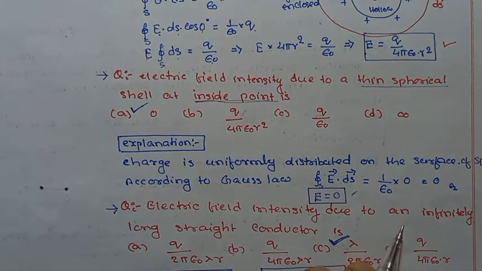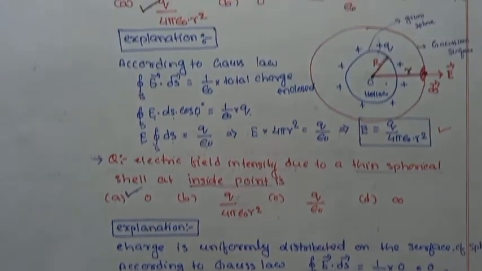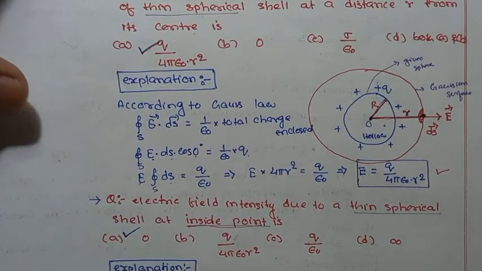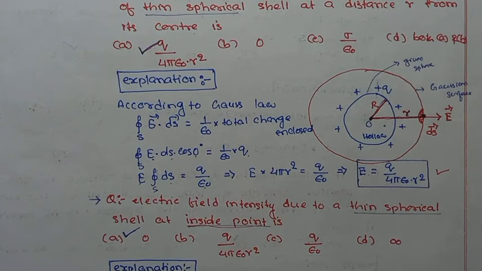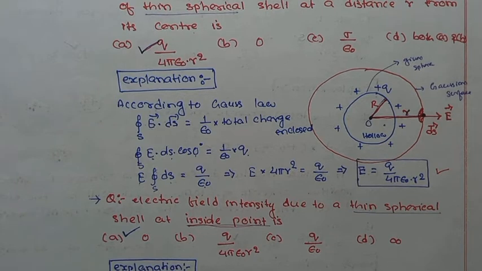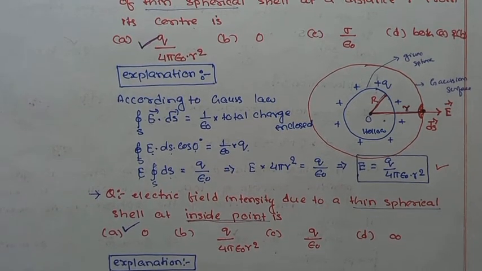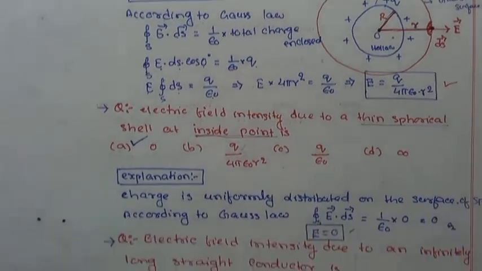Here the Gaussian surface is drawn inside the sphere and this sphere is not enclosing any charge. Therefore total charge enclosed is 0. So electric field is equal to 0 inside the thin spherical shell. ठीक है. अभी नेक्स्ट क्वेश्चन जाएंगे.